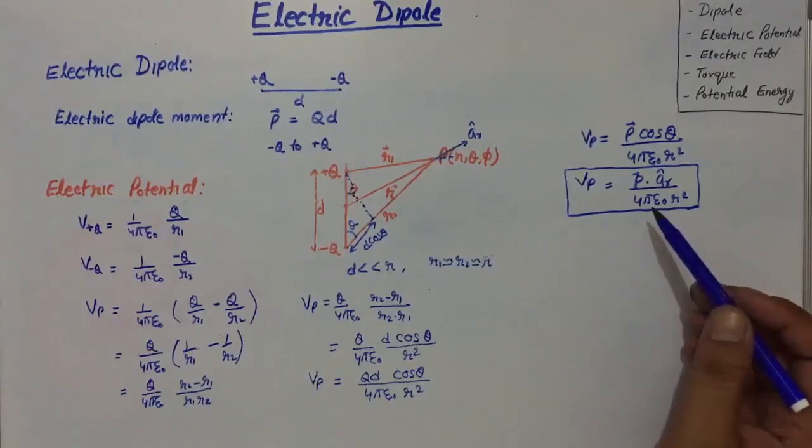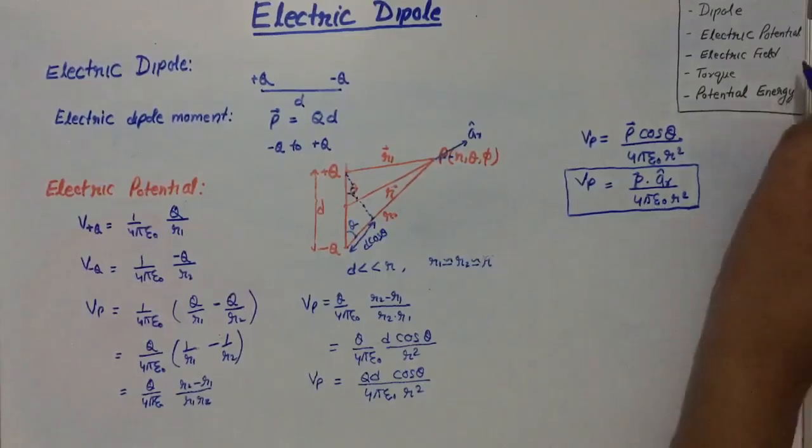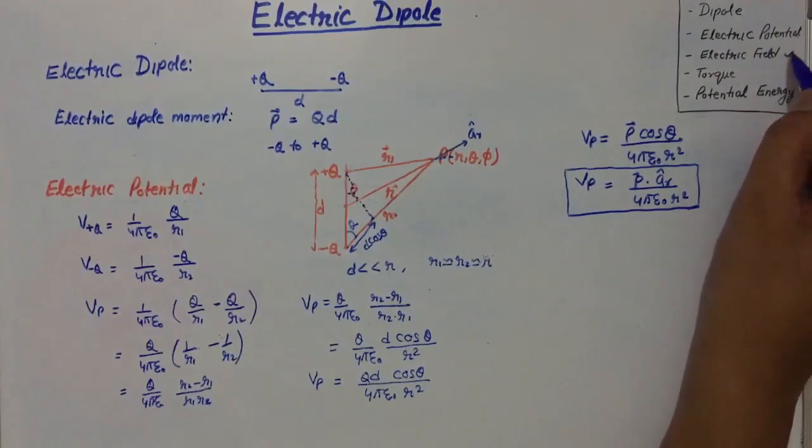Now let us try to find the electric field after the electric potential.